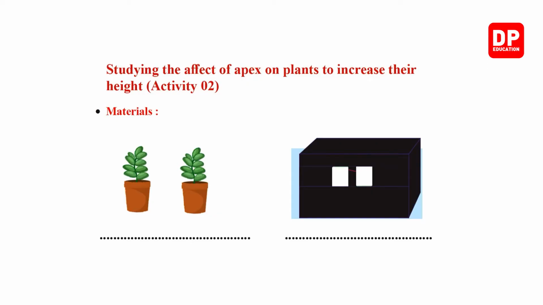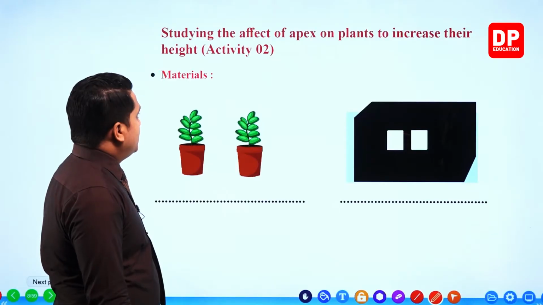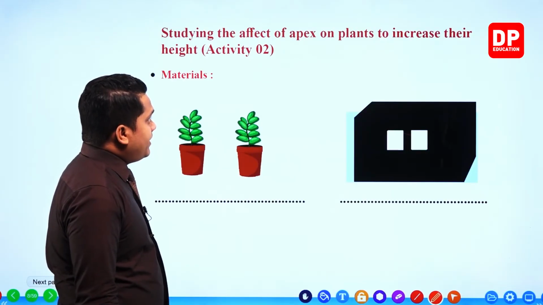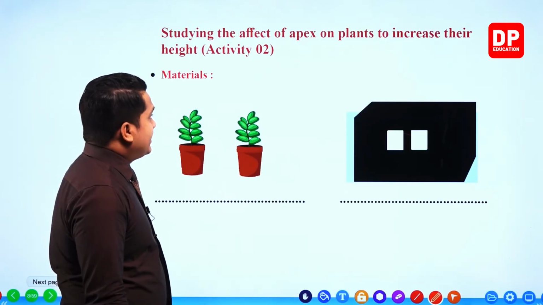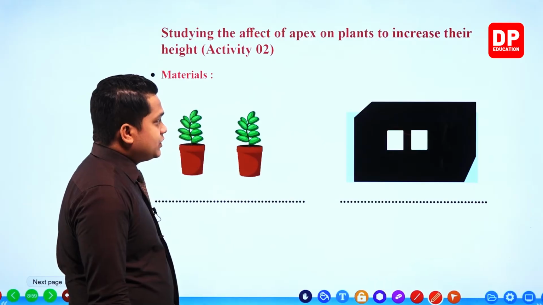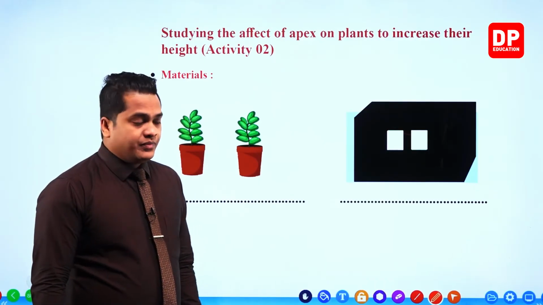Then the second activity, my dear children. Once again, we are studying the effect of the apex on plants to increase their height. But here we'll be doing a different activity. So this is activity number 2.